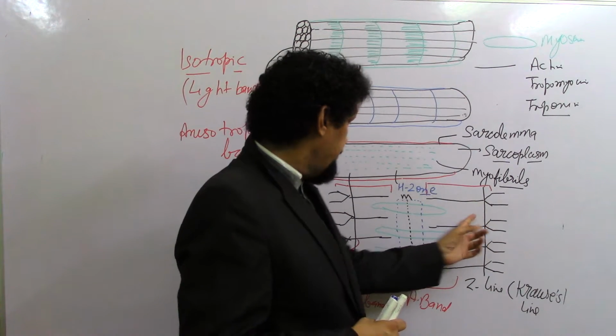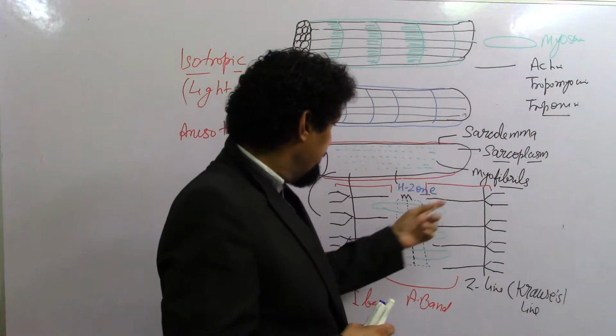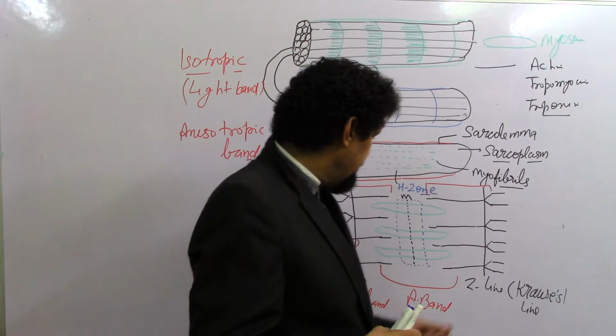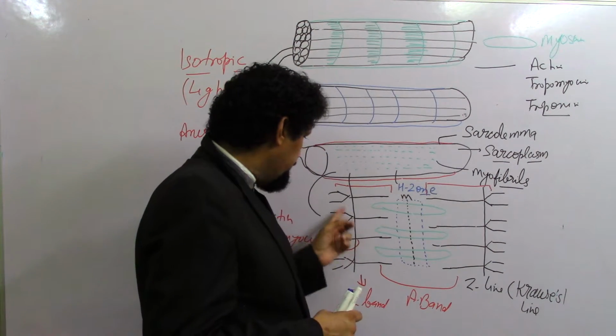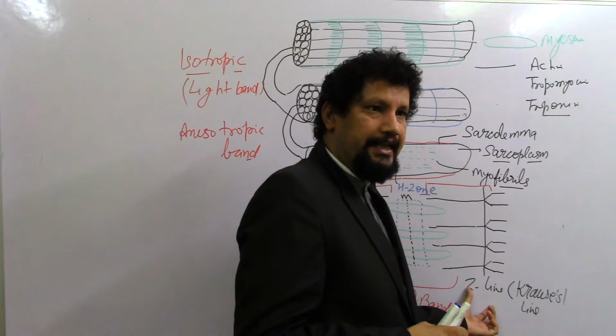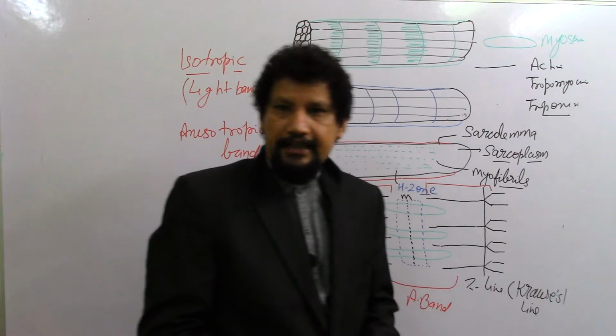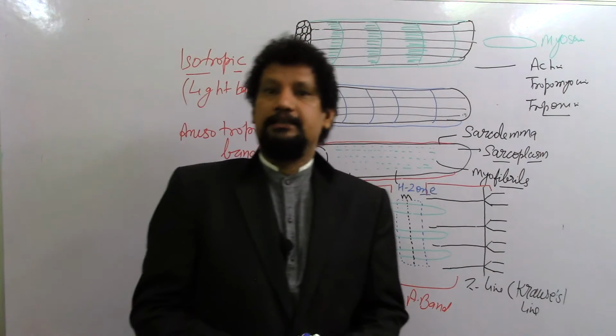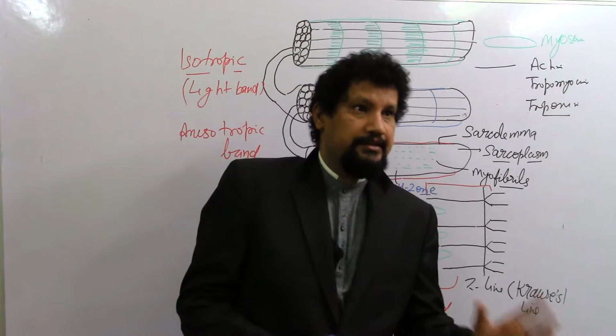The transverse lines in the light band or I band are comparatively darker, known as the Z line or the Krause's lines, also known as the Krause's membranes.